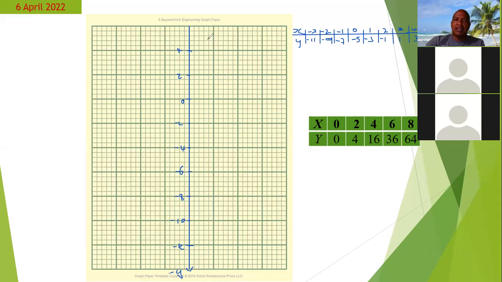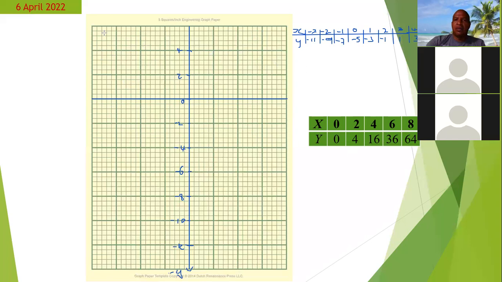So our horizontal line, our x-axis, would have to be placed here. Let me see if I can get this accurate, guys. We'd have to place our x-axis right across here.